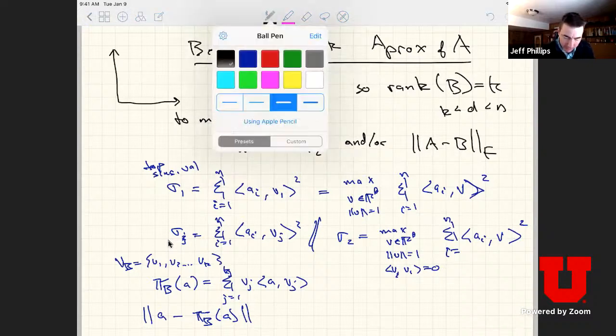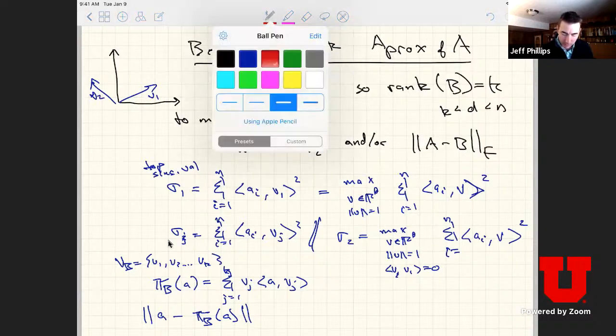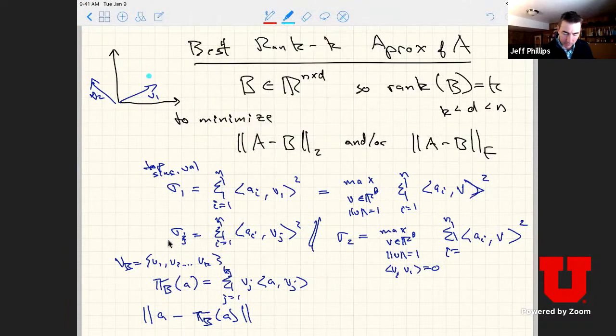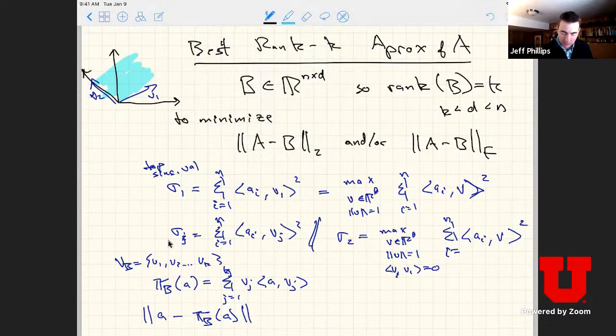I'm going to have this v1 and v2, this new space. There's a two-dimensional subspace here, and let's say the original space has v3.